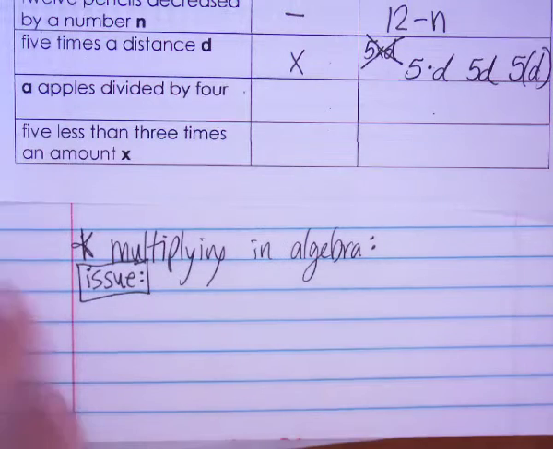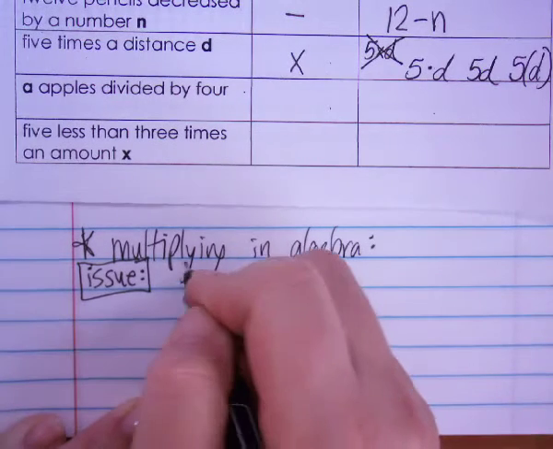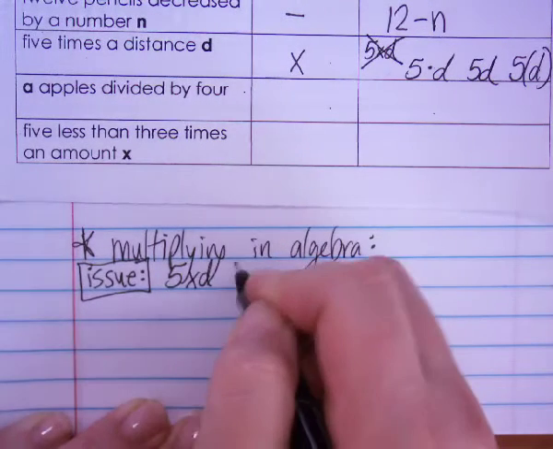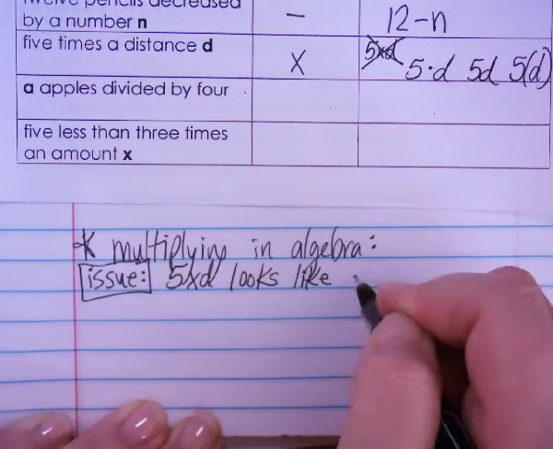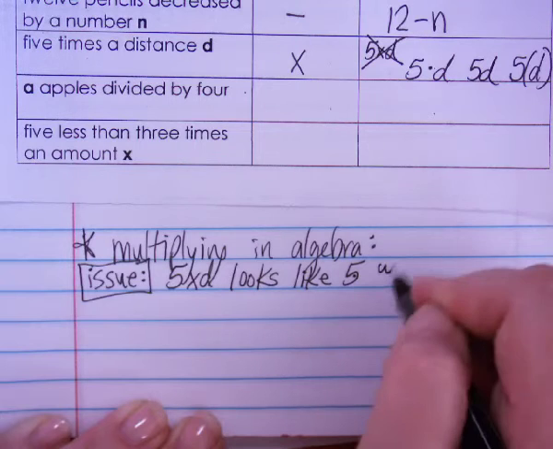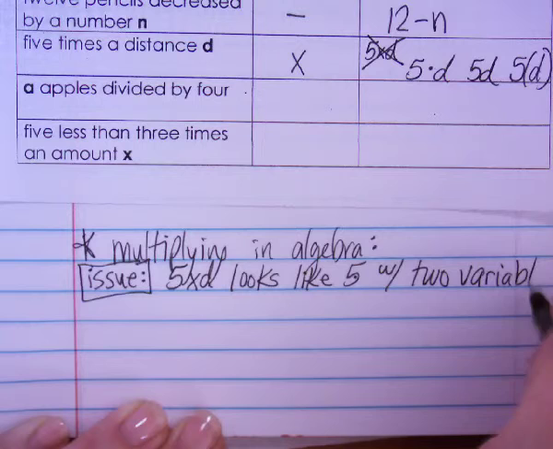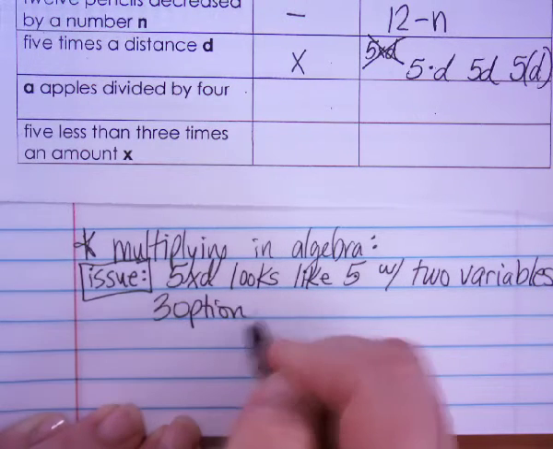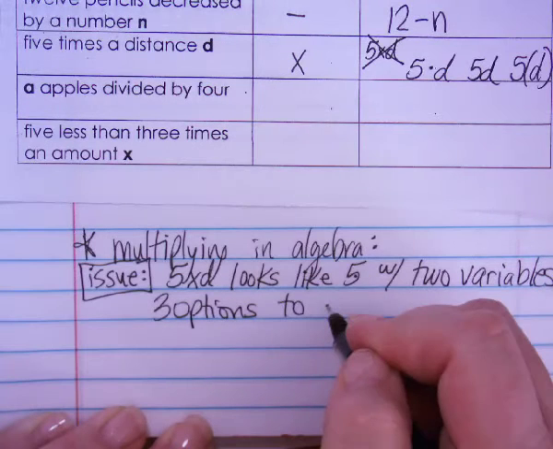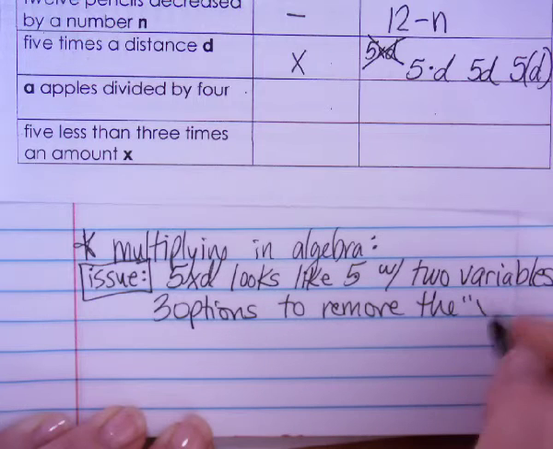We said that the issue was that the 5xd looks like a 5 with 2 variables. There are 3 options to remove the x.